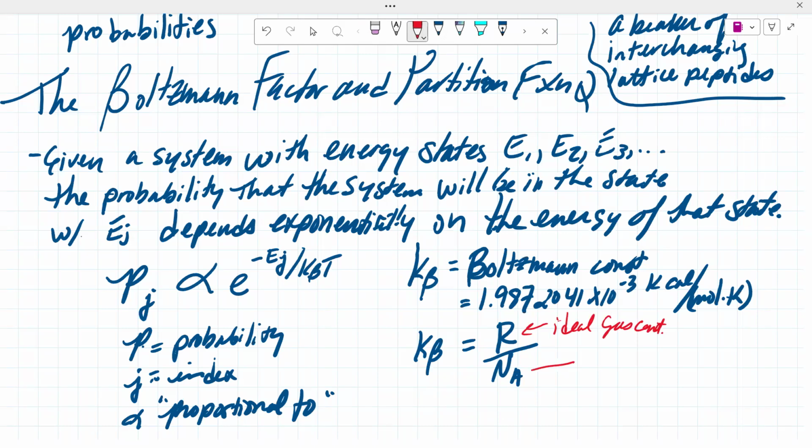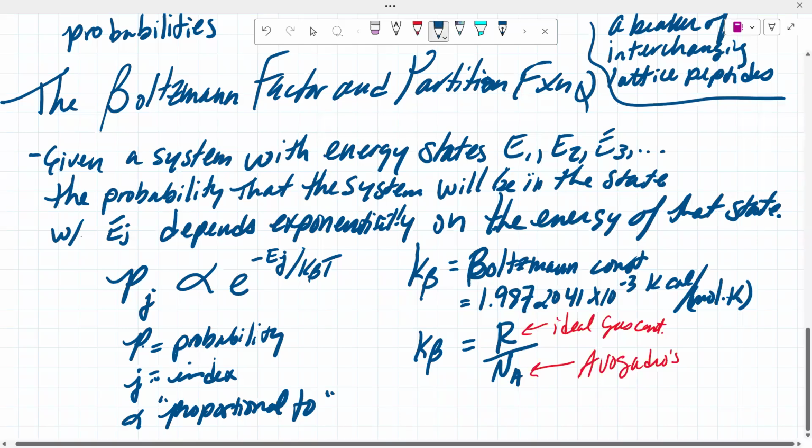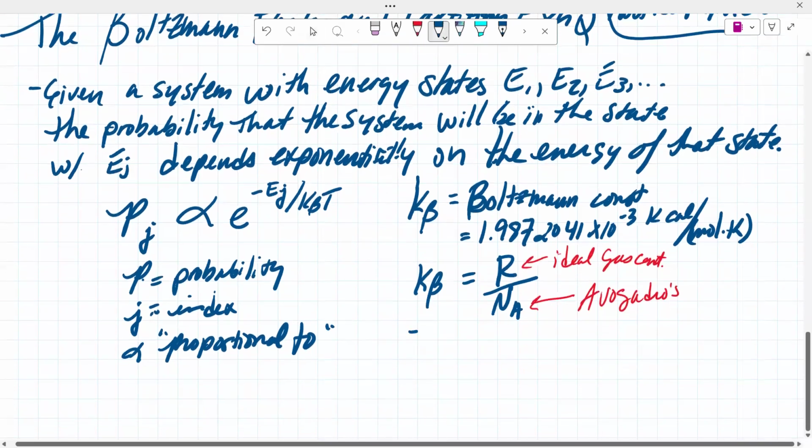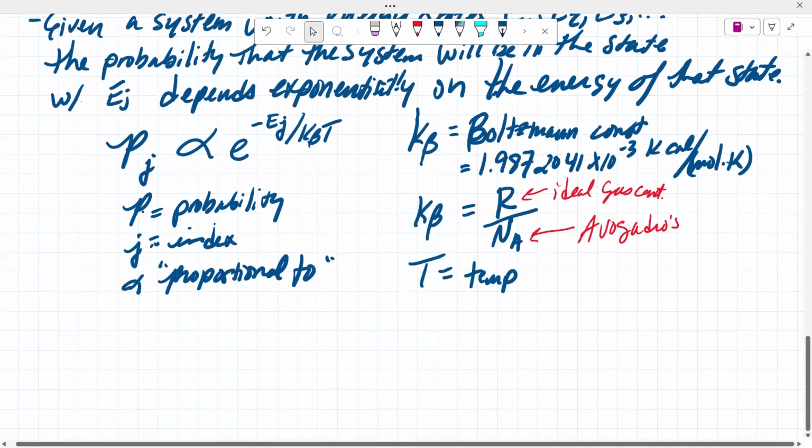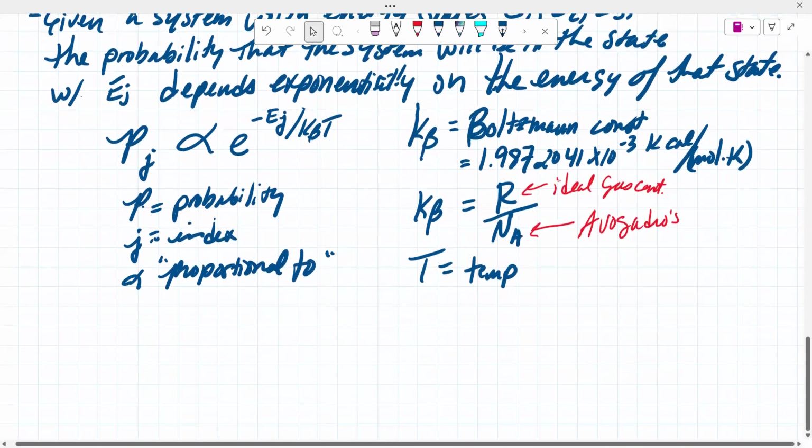He probably made this assumption that we're working with ideal gases. This is Avogadro's number. And T is the temperature in kelvins.